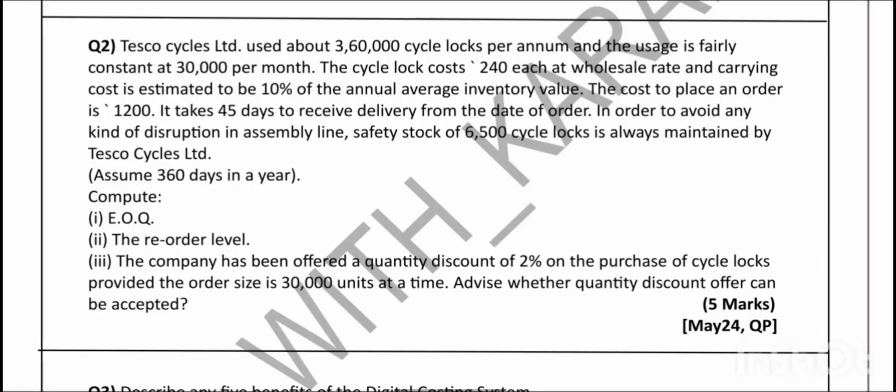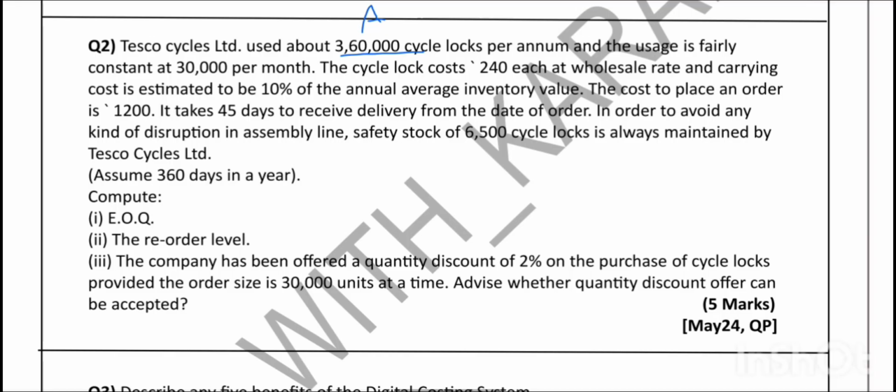Tesco Cycle Limited uses about 3,60,000 cycle locks per annum, and the usage is fairly constant at 3,000 per month. So here annual demand is 3,60,000, and then what have we given? The cycle costs 240 each at wholesale rate, and carrying cost is estimated to be 10% of annual average inventory.